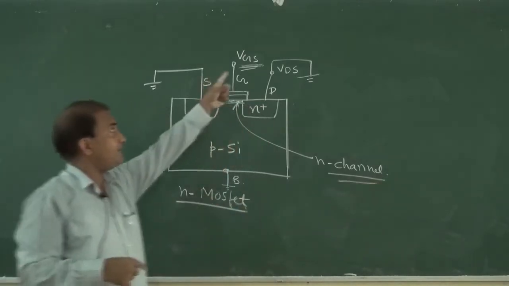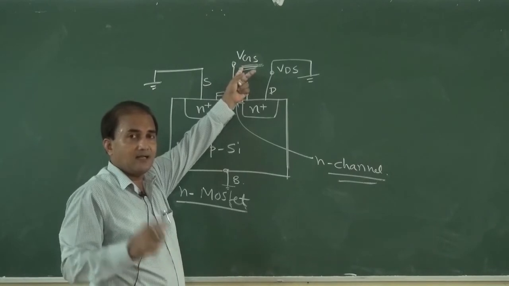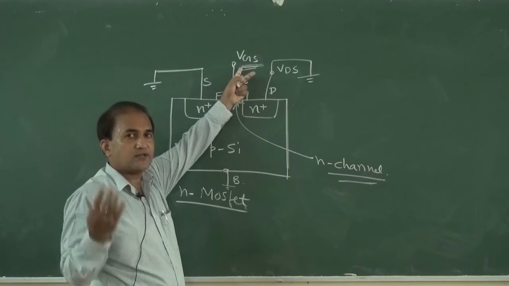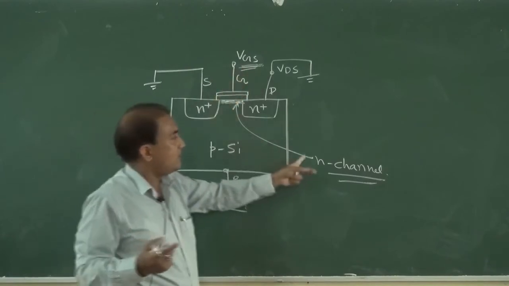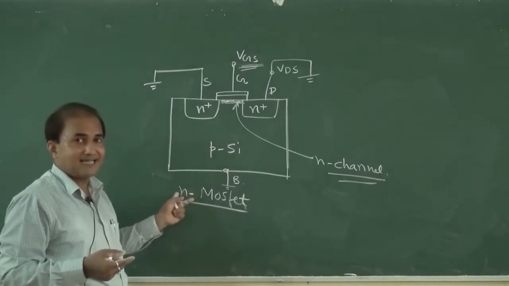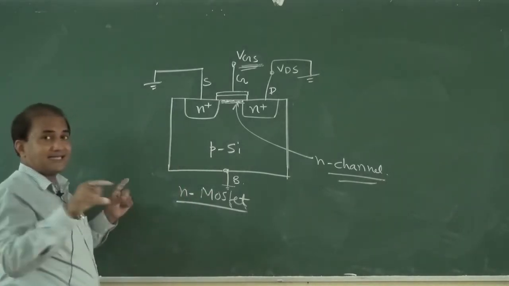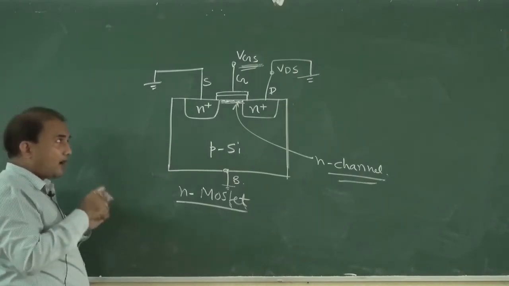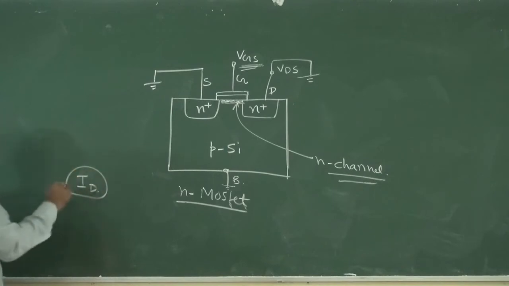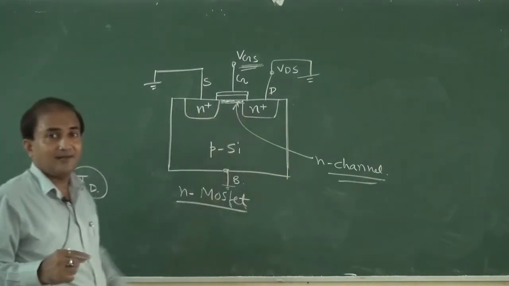So the channel is created by the application of voltage at the gate terminal, and that voltage should be greater than or equal to the threshold voltage of the device. The N channel is created, so it is known as N channel MOSFET. The channel is N type. Now once the channel is created, how does ID, the drain current, flow between the source and the drain terminal?